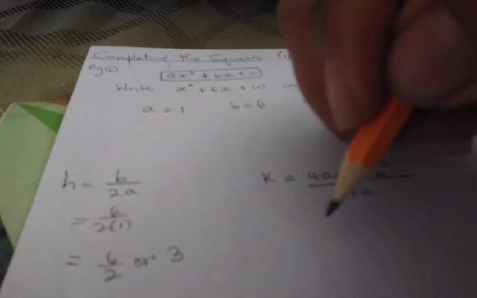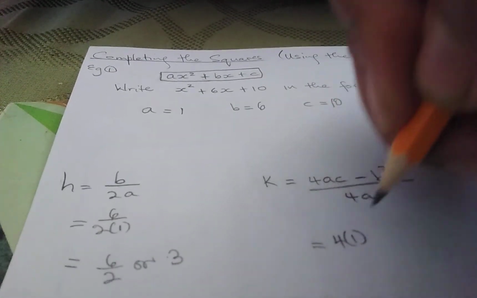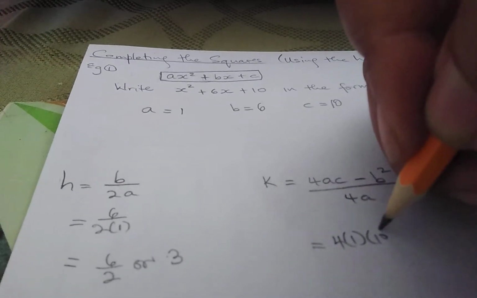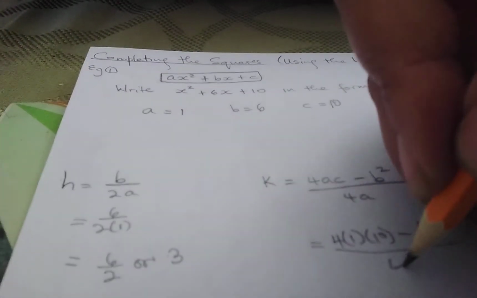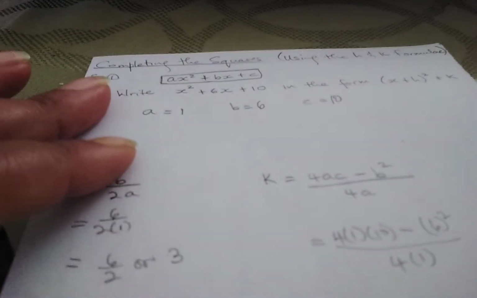Now for the k, since we substitute, it's 4 times a, which is 1, times c, which is 10, minus b's value, 6, squared, all over 4 times 1.